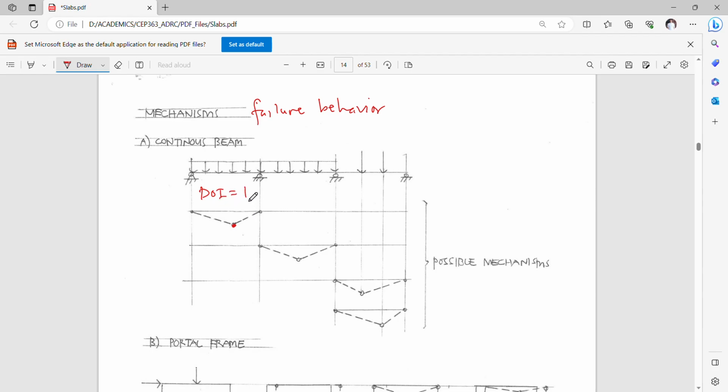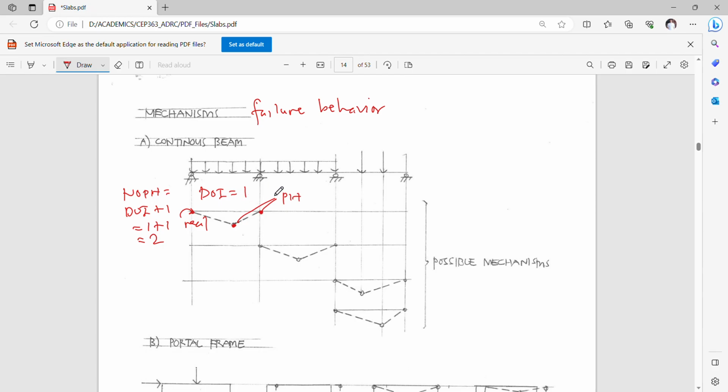So if I add 1 plus 1, my number of plastic hinges will simply be equal to DOI plus 1, so this is now 1 plus 1 equals 2. So I will consider these two hinges as my plastic hinges. This is a natural hinge or a real hinge, and this is a plastic hinge.